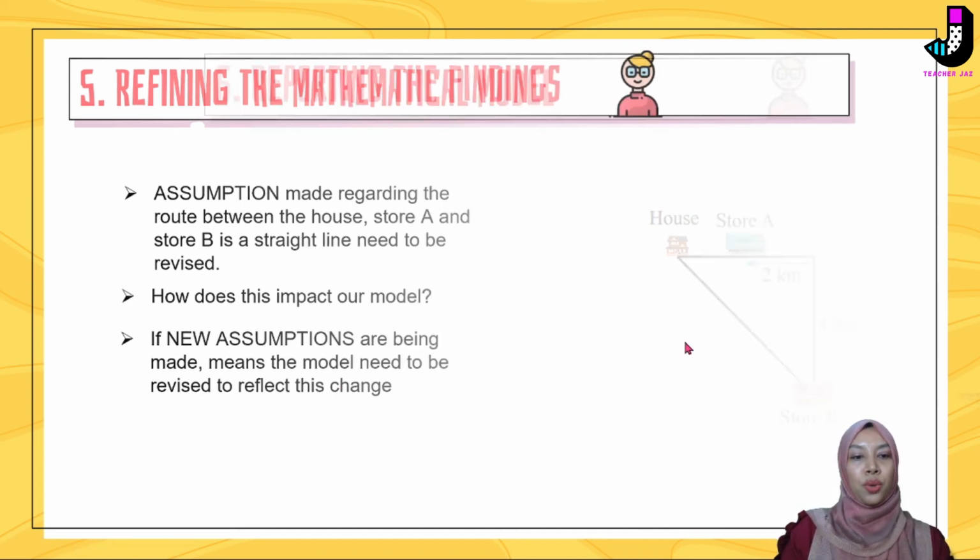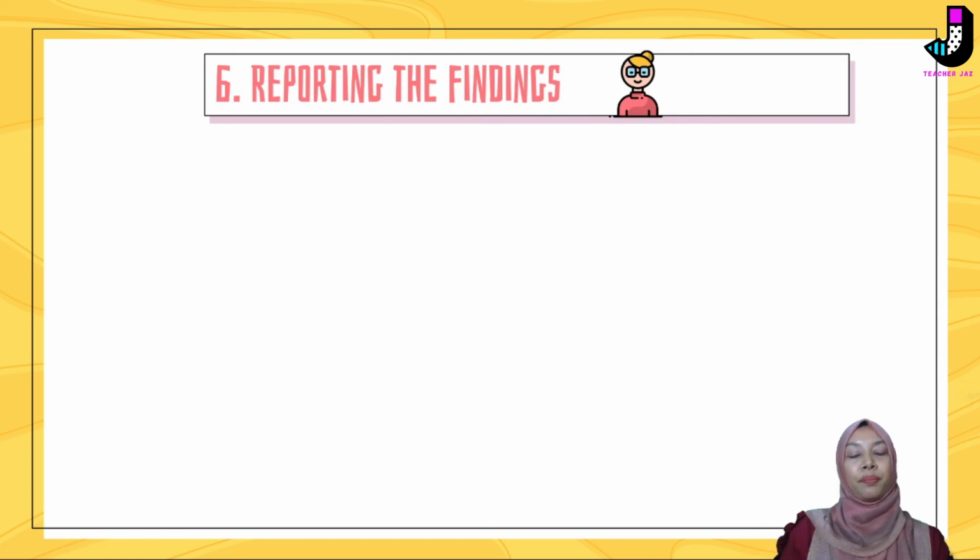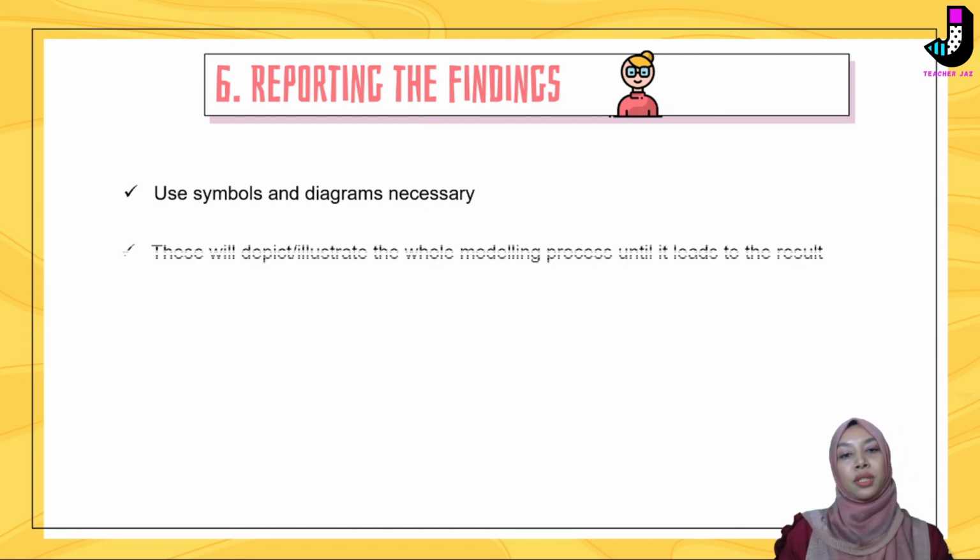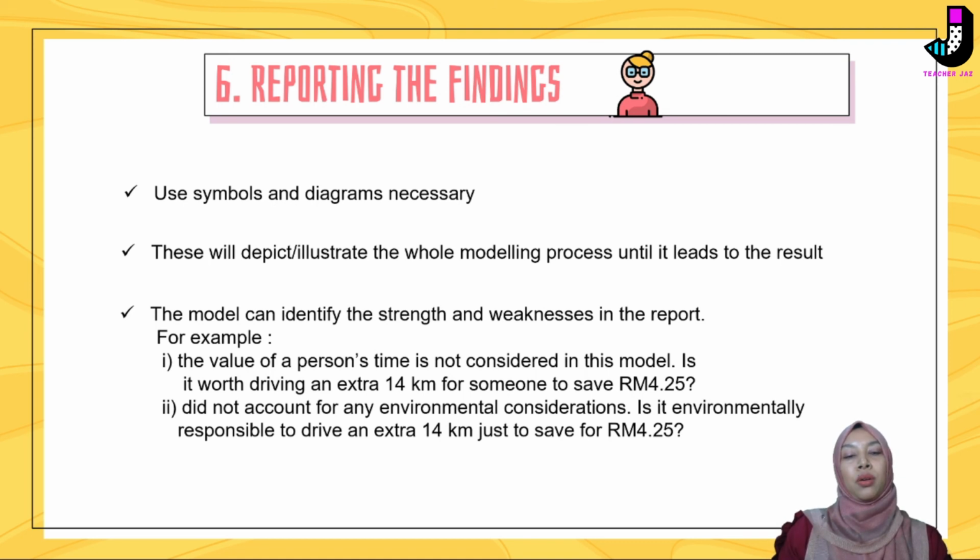Okay, so last one, we have to report the findings. You can use symbols and diagrams as necessary. Okay, this will illustrate the whole modeling process until it leads to the result. Okay, you can insert also in the report what is the strength and what are the weaknesses. Okay, so for example here, maybe the value of a person's time is not considered in this model.